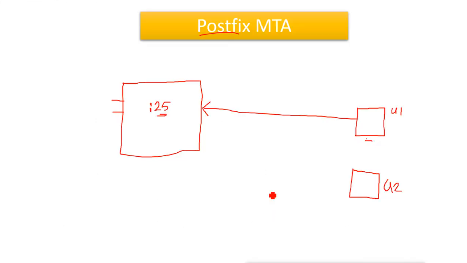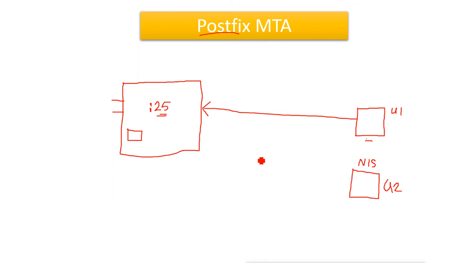That means for the Linux environment, when user 1 sends the mail to user 2, the mail goes to the mail server, and the mail server stores the mail in the mailbox of user 2. That is the default mailbox, under the var spool mail directory. Now when user 2 logs in, for example using NIS or LDAP, whatever, it uses those services to log into the client machine.